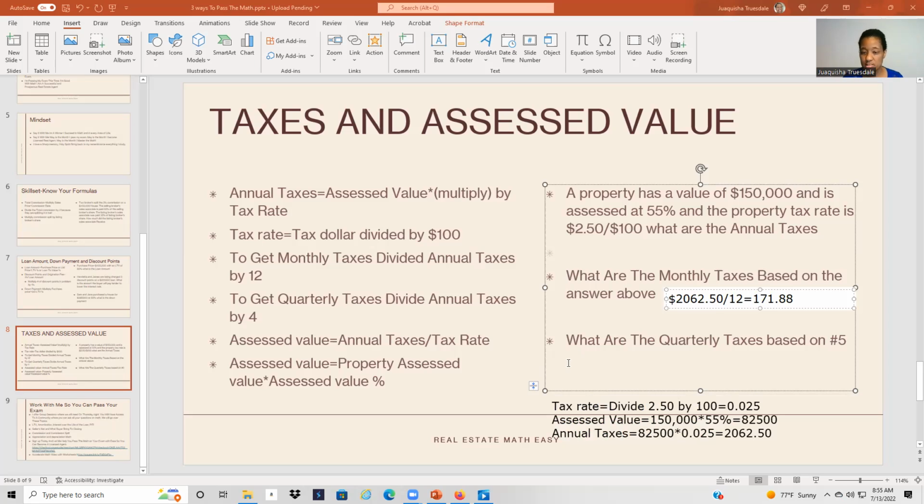And so what are the quarterly taxes? Take the $2,062.50 divided by 4. That's $515.63. That is your quarterly taxes. And that's how you do that one. Pretty simple, just have to follow the steps.